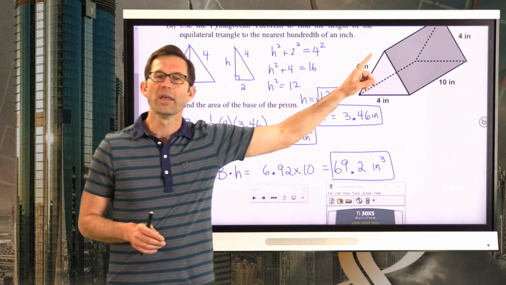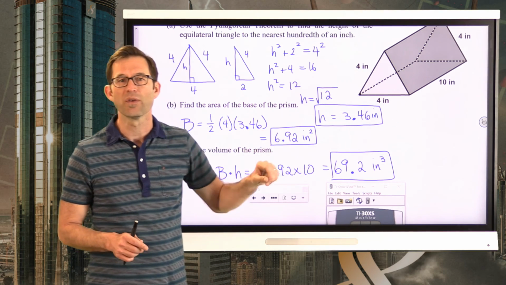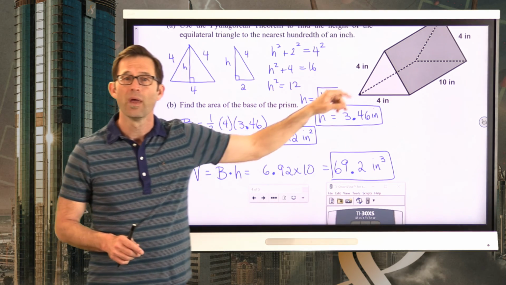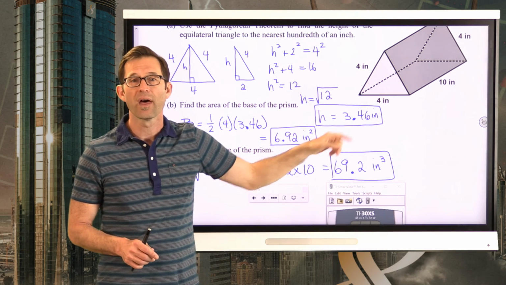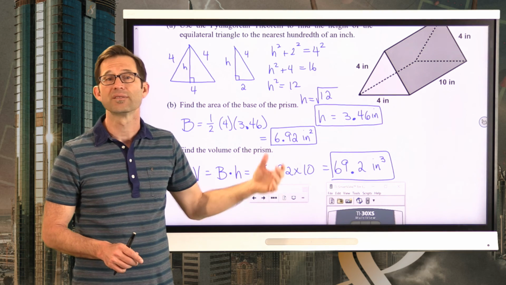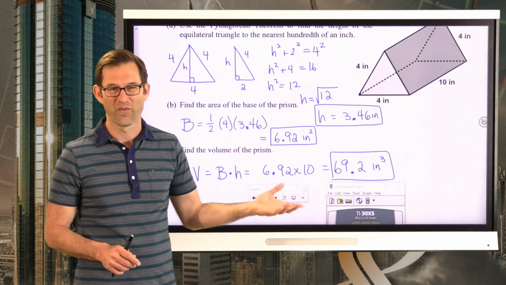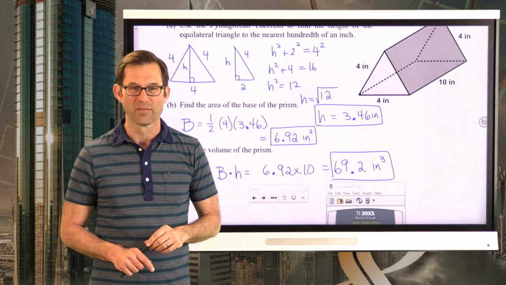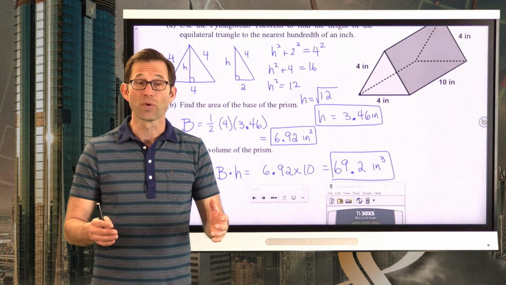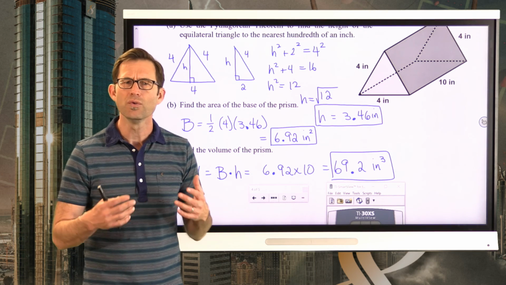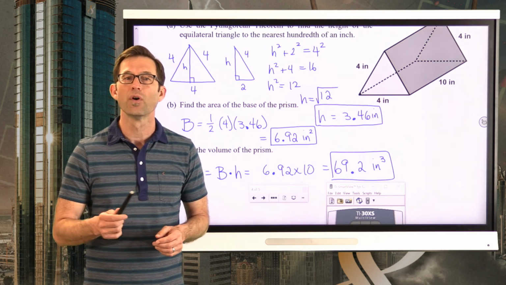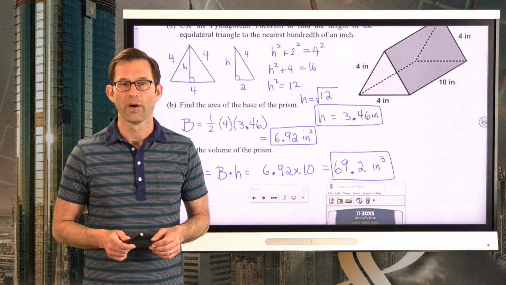This one, the area of the base, was much more challenging to find because we first had to use the Pythagorean theorem in order to find the height of that equilateral triangle. And once we had that height, we could then find the area of the base. And once we had the area of the base, we could find the volume of the prism, right? But it gets more sophisticated, right? You're not in Math 6 anymore. You're in Math 8. So you have to use more of these tools that you've developed over the years in order to find that volume.